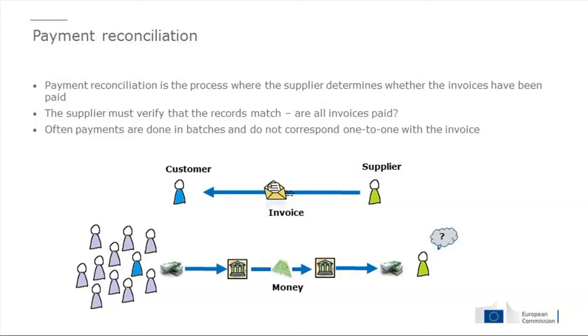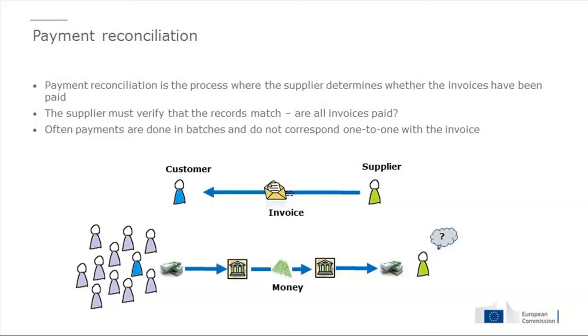This is also something that particularly the suppliers can automate and have benefits if they can have an efficient reconciliation process. They send out all these invoices and they get money back on their account. And then they need to check that each invoice that was sent has been paid. Often payments are done in batches, so it's not easy to find a one-to-one correspondence with the invoice.